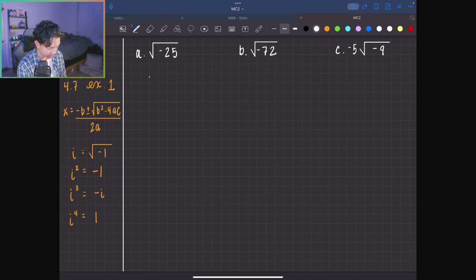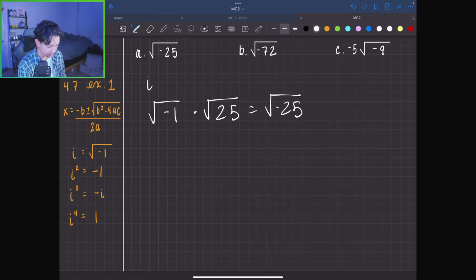We're going to take out the i, because i represents the square root of -1, and the square root of -1 times the square root of 25 is going to give us the square root of -25. So I'm going to take that out first, okay?